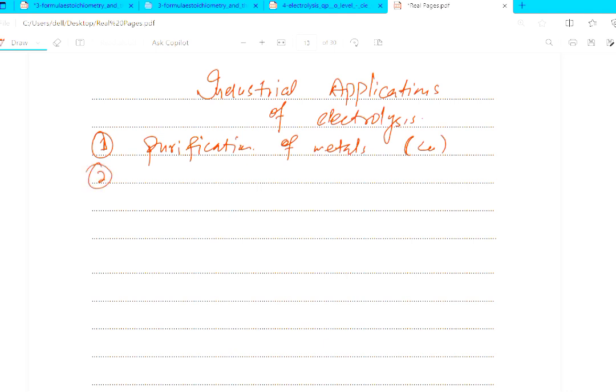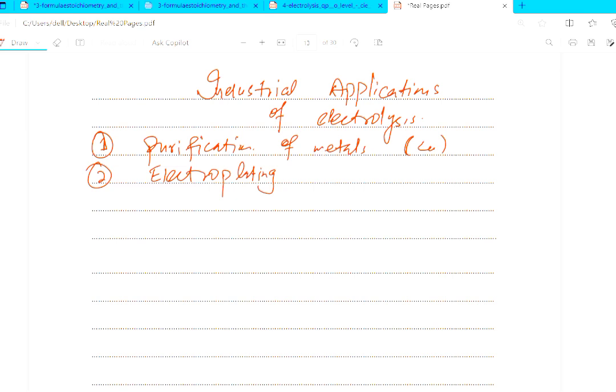And the second is electroplating, to avoid rusting and to make something appear good, for its good appearance.